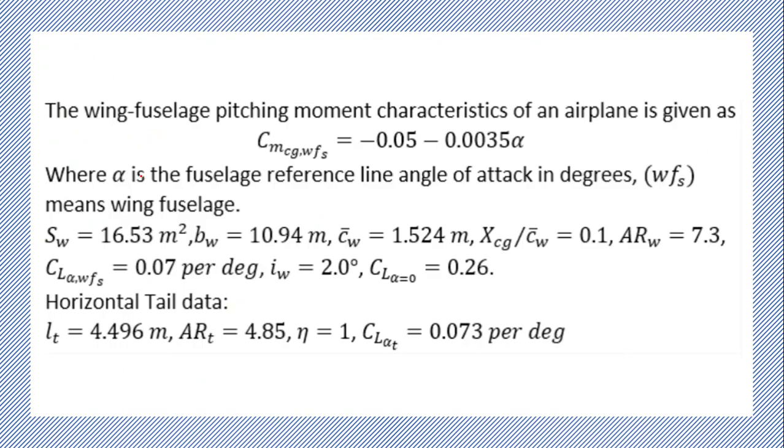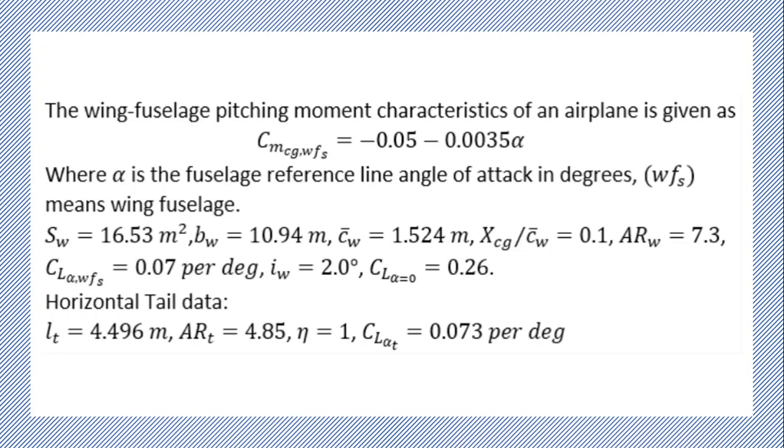Okay. Look at the next question. Just look at the details that are given to you. The wing fuselage pitching moment characteristics of an airplane are given as. So the contributions of the wing and the fuselage, the combined equation is given to you. Where alpha is the fuselage reference line angle of attack.